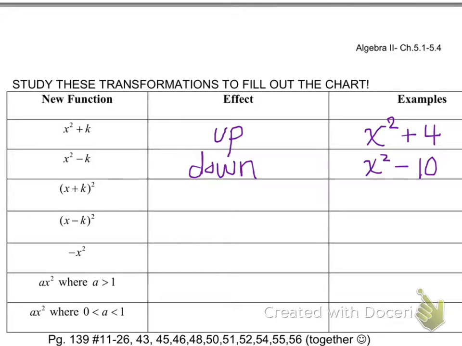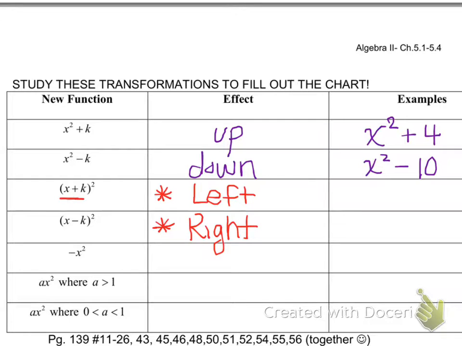Now, on the front of the paper, when it said x minus 3 quantity squared, that was a shift to the right. When it says plus inside like that, it's a shift left. I'm going to star both of these because this is important to know. If you see plus with up or down, plus means up and minus means down, just like you would think.